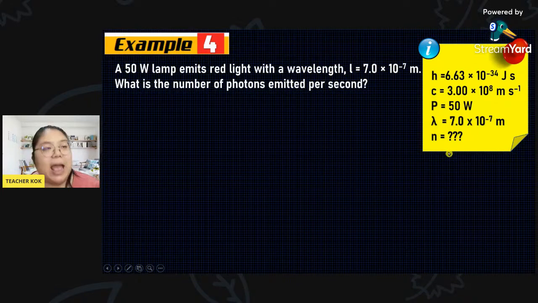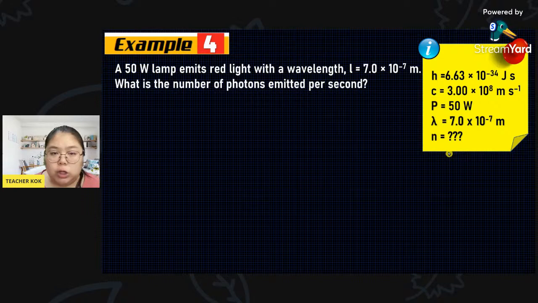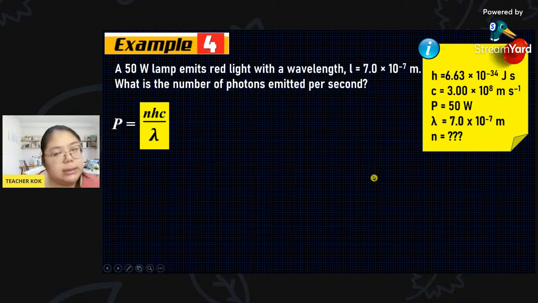Now n: what is the number of photons emitted per second? From here, students, we need to show the formula. We are using this formula: P equals n, then hc over lambda, because we don't have any f. We can just use c over lambda. So students, please press your calculator and give me the answer.